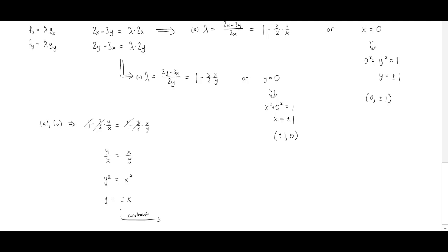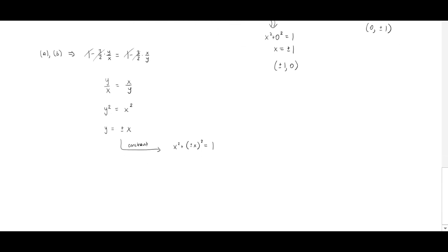So constraint was x squared plus y squared. I guess it doesn't matter whether it was plus or minus, and it equals 1. So then that will give me 2x squared equals 1. So then solving for x, we're going to get x equals plus or minus 1 over root 2.